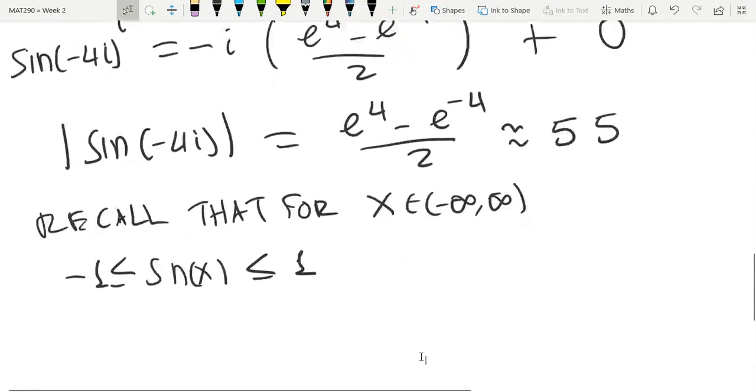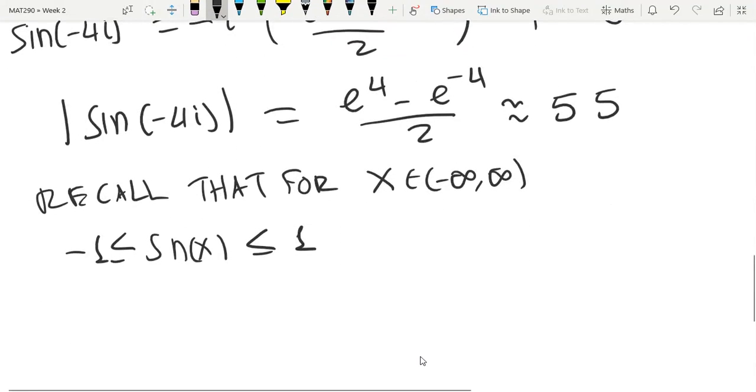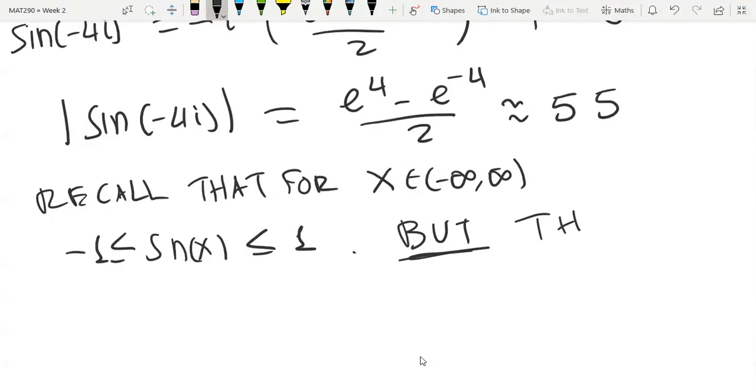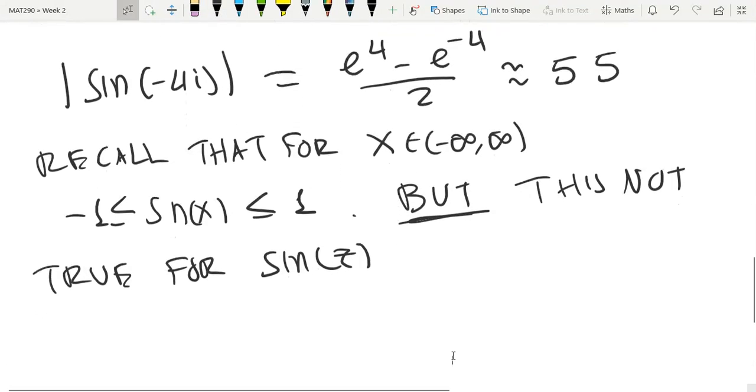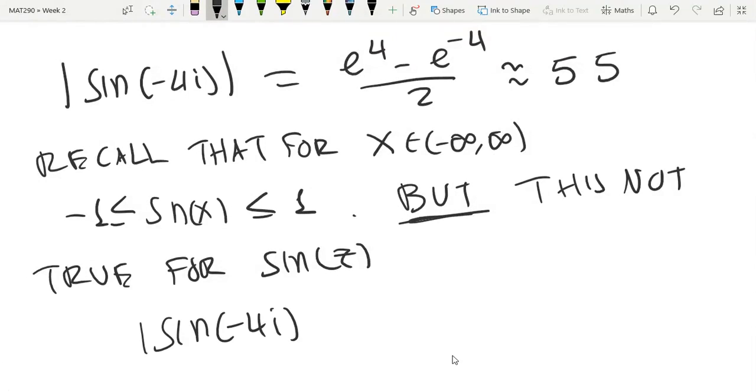But this is no longer true for complex. So please be careful for sine z. And I picked this example specifically to give you this. So you can see that sine of minus 4i is about 55, which is much bigger than 1.